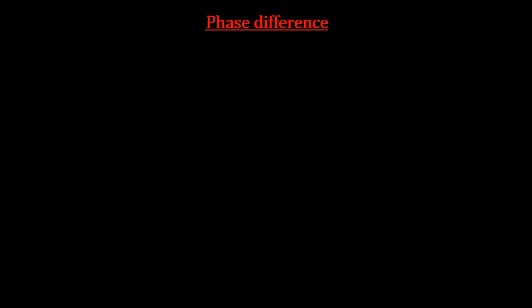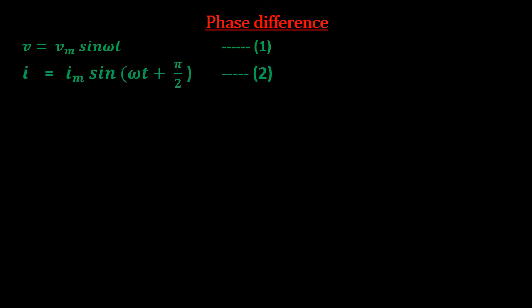Now we find the phase difference between the voltage and the current for an AC circuit containing only a capacitor. The expression for the voltage is V equals Vm sin omega t, and just before we have got the expression for current, I equals Im sin (omega t plus pi by 2). Now if we compare these two equations, we can see there is a plus pi by 2 in the expression of current.